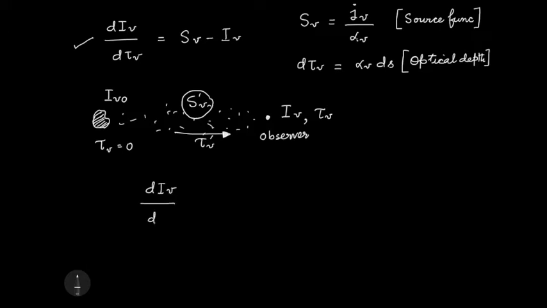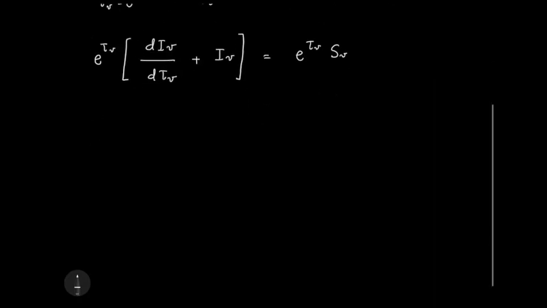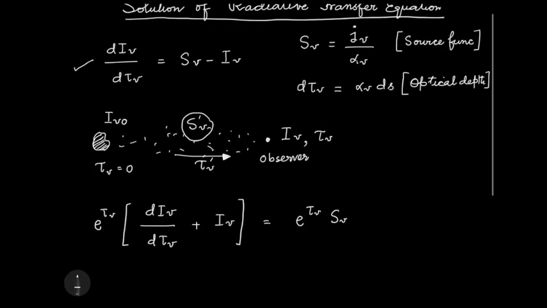So let us look at the differential equation, and I will write this with both the I's on the same side. And let's multiply this with e to the tau nu. This is a very celebrated process of solving differential equations of this type. I'm just using it here.